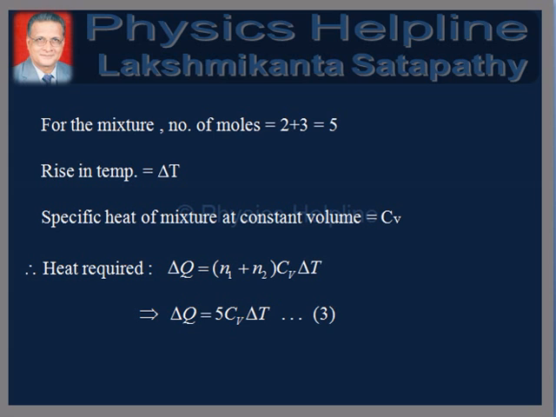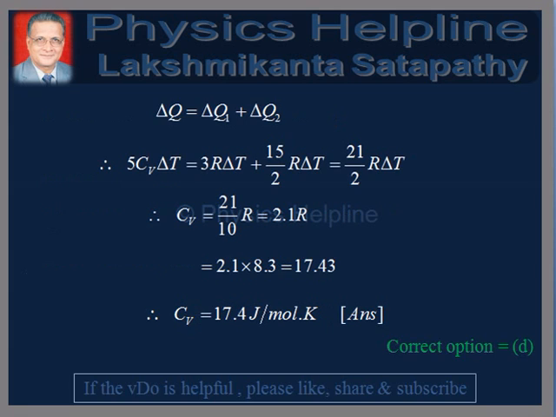Therefore, heat required is given by delta Q is equal to n1 plus n2 into Cv into delta T, which is equal to 5 Cv into delta T. We see that delta Q is equal to the sum of delta Q1 and delta Q2. Putting the values and simplifying, we get Cv is equal to 2.1 into R.